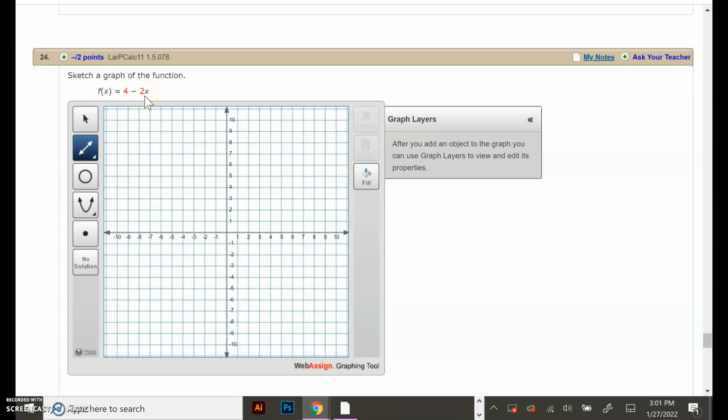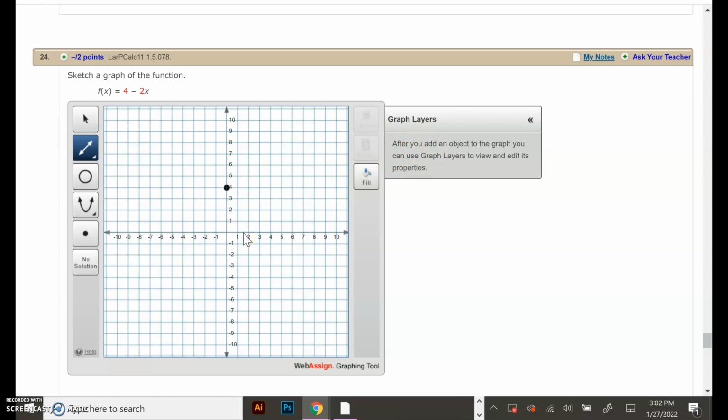Now let's plug in a point. Y'all know my favorite number to plug in for x is 0, right? 4 minus 2 times 0. So if I plug in 0, what would I get out for y? Well, if I plug in 0, I get 4. So 0, 4. Let's click on that. And then let's click on something else, because notice that our little panel on the right did not even pop up.